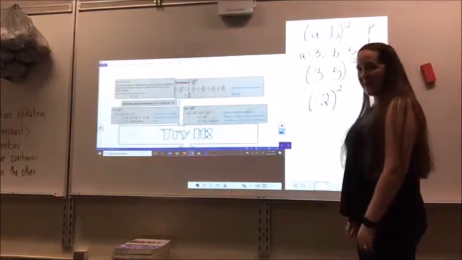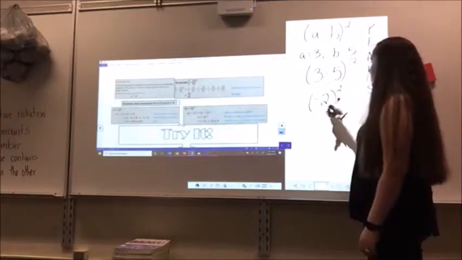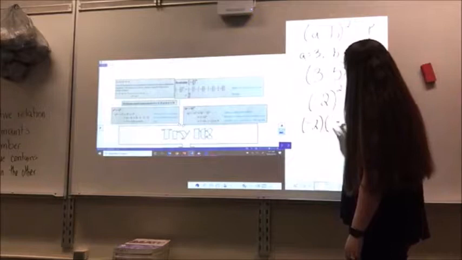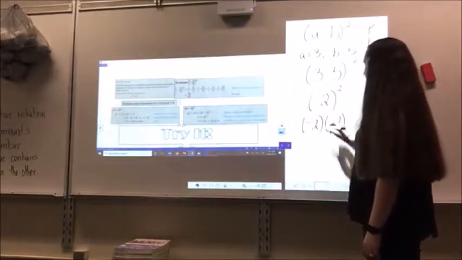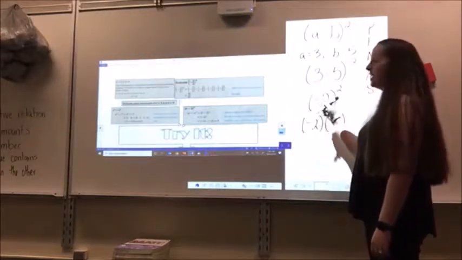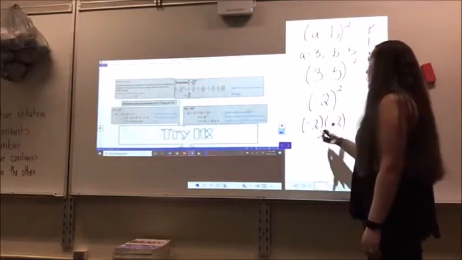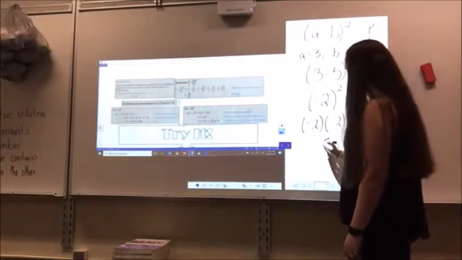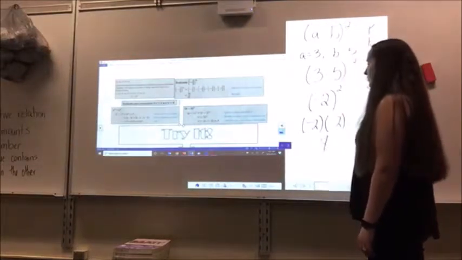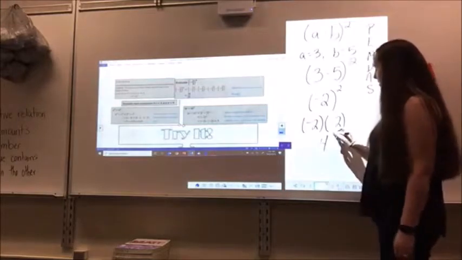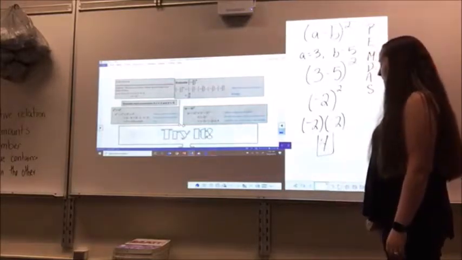Next I get to do my exponents. This says negative 2 squared, which is really saying negative 2 times negative 2. Remember that negative is inside the parentheses, so I have to treat it as a unit. That's my factor. So negative 2 times negative 2 gives me 4. So that would be my final answer. It's 4.